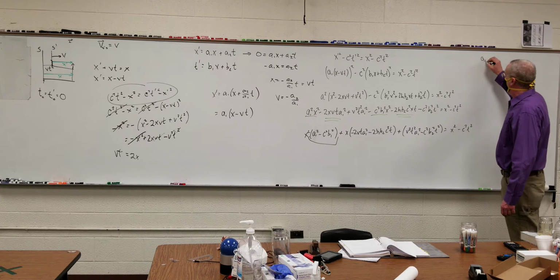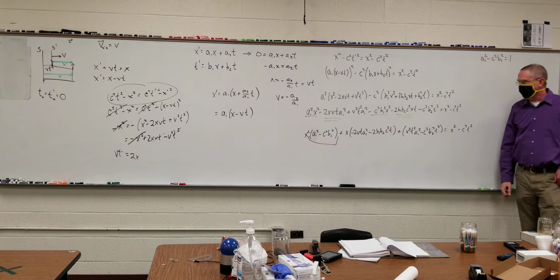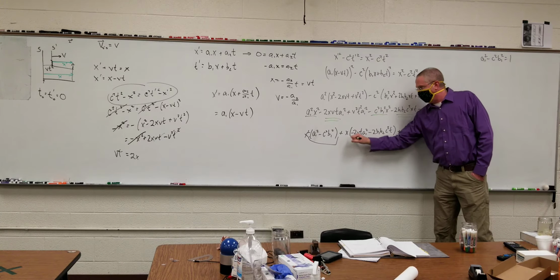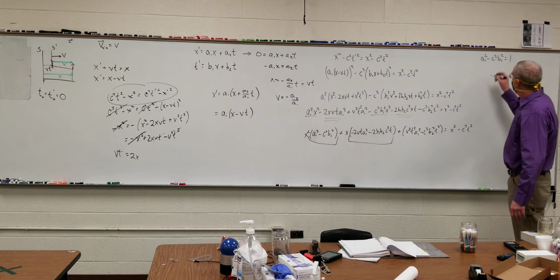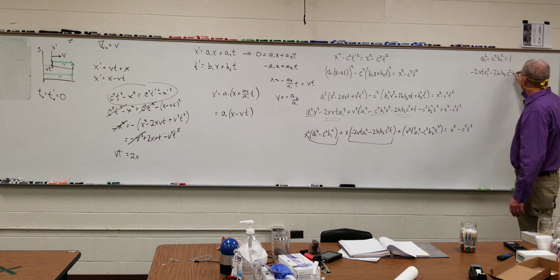So I have a1 squared minus c squared b1 squared equals 1. I don't have an x term on the right, therefore this bit right here must equal 0. So I have negative 2vt a1 squared minus 2b1 b2 c squared t equals 0.